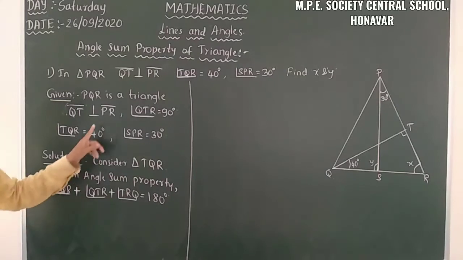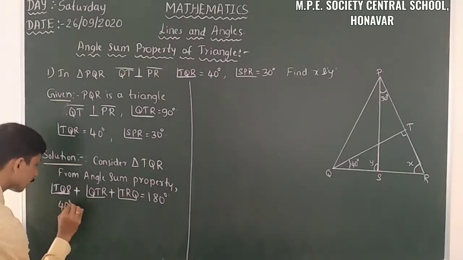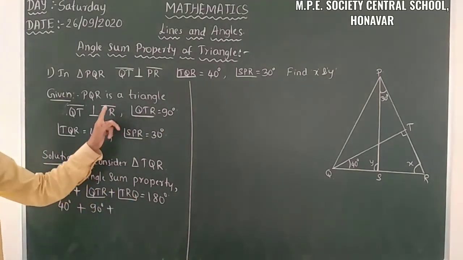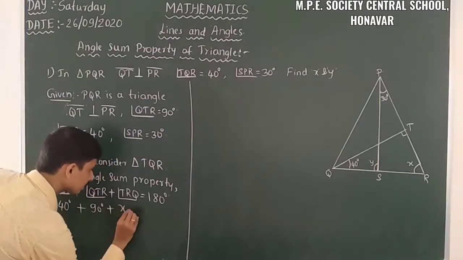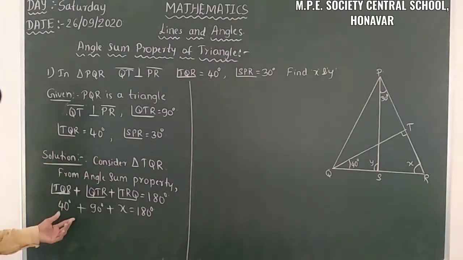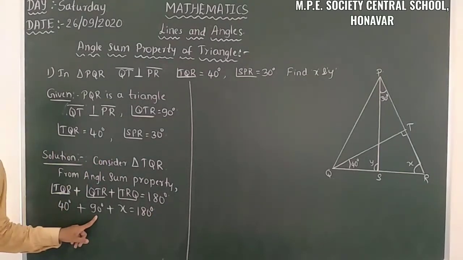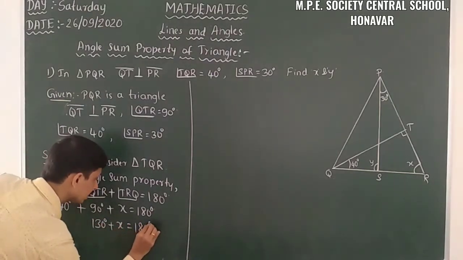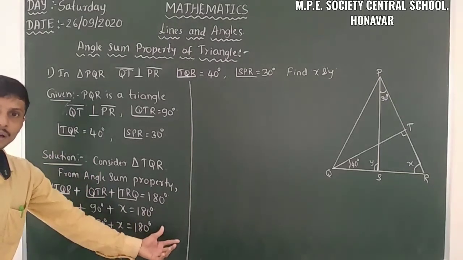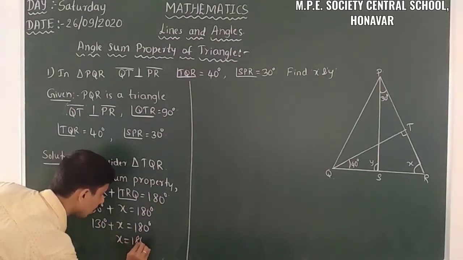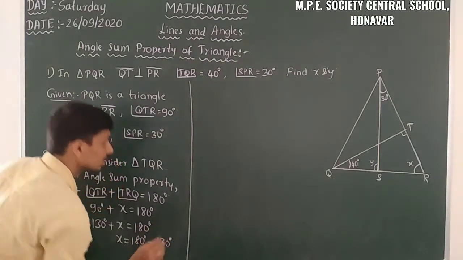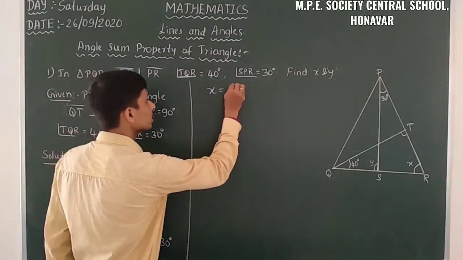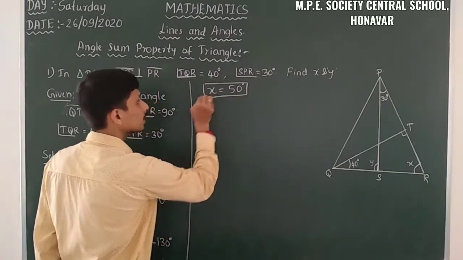So angle TQR is 40 degrees, given, plus angle QTR is 90 degrees plus angle TRQ, which is X, is equal to 180 degrees. So 40 plus 90 is 130 degrees. 130 degrees plus X is equal to 180 degrees. I will transpose 130 to the RHS, so X is equal to 180 degrees minus 130 degrees, which is 50 degrees. So the value of X is 50 degrees.